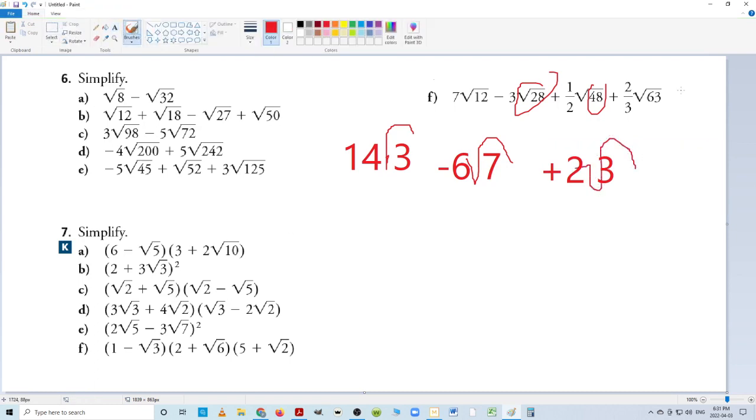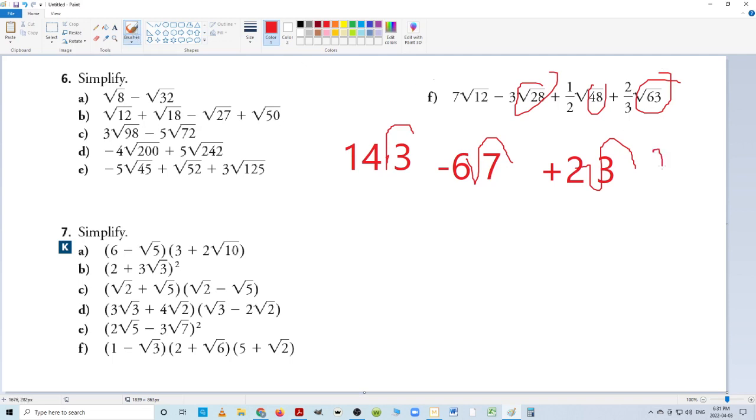And finally, 63 is tricky, but it looks like 3 goes into it 21 times. So that means there's a 7 times 3 as well. So you got 9 times 7.